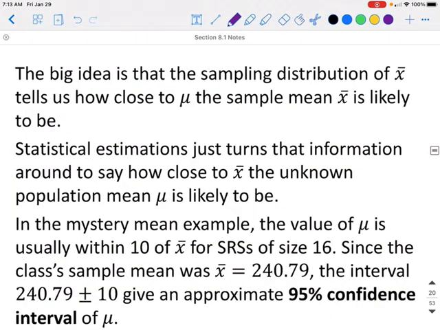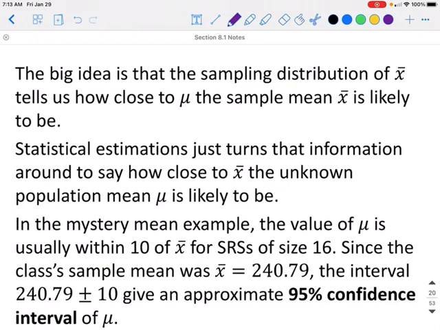The big idea is that the sampling distribution of x bar tells us how close to mu the sample mean x bar is likely to be. Statistical estimation just turns that information around to say how close to x bar the unknown population mean mu is likely to be. In the mystery mean example, the value of mu is usually within 10 units of x bar for a simple random sample of size 16.